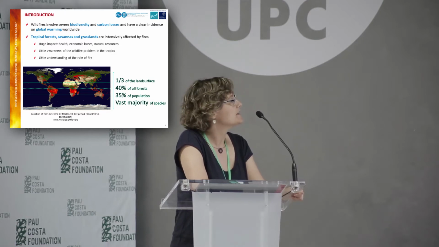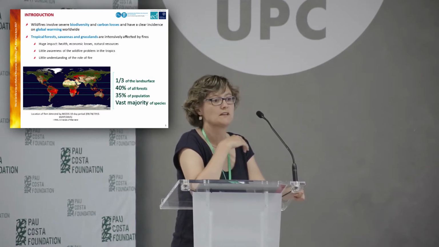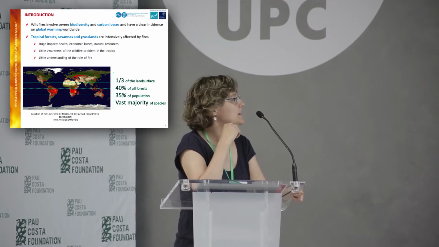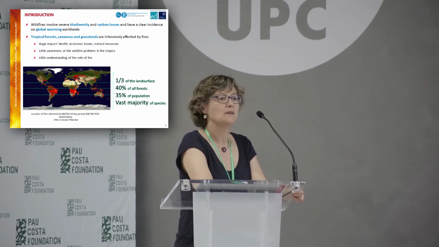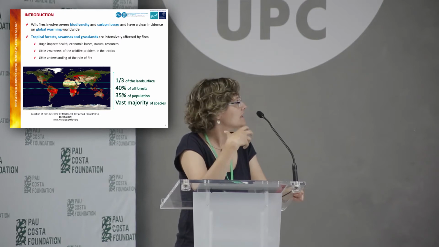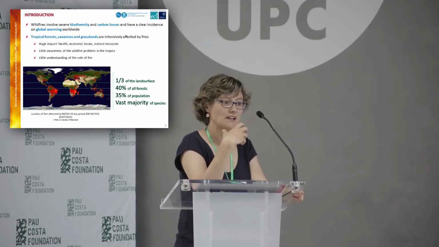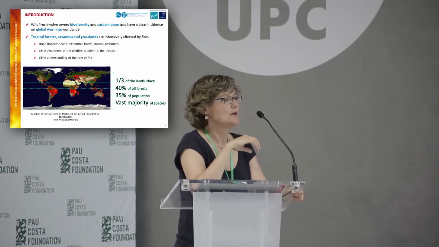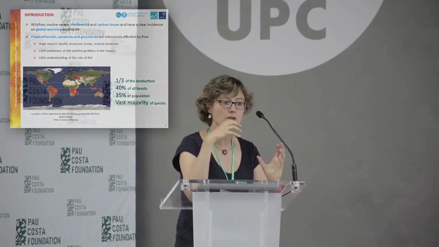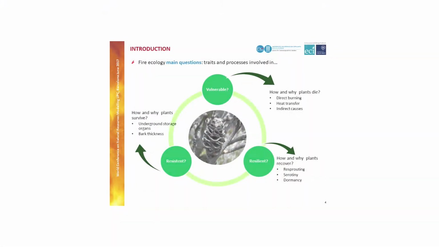And the thing is that nowadays the wildfire problem in the tropics has been, let's say, poorly addressed, meaning that the role that fire is playing in this type of ecosystem has actually been disregarded. So the whole environmental fire impact is poorly understood.